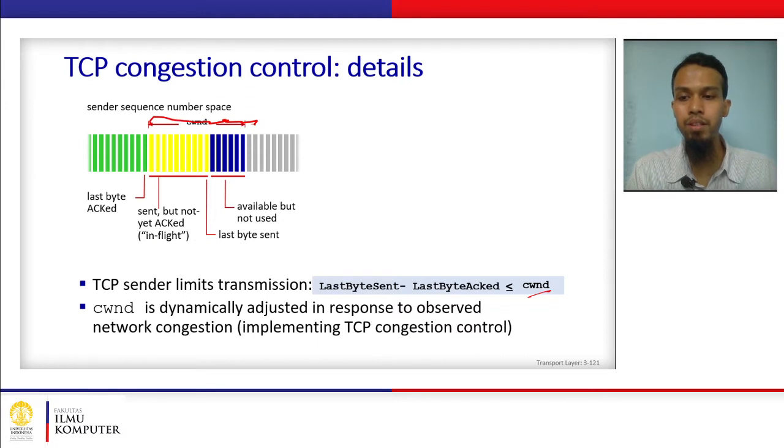And this congestion window is dynamically adjusted in response to observed network congestion. We get this information about network congestion from the timeout and triple duplicate ACK, and this will differ from one TCP implementation to another. So we'll study two TCP implementations, TCP Tahoe and TCP Reno, later.